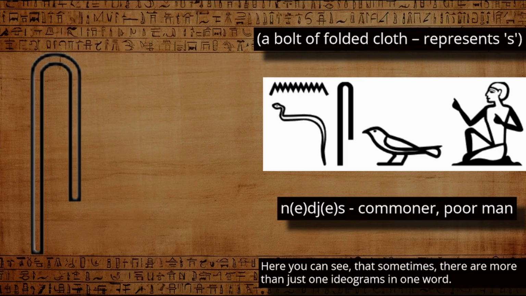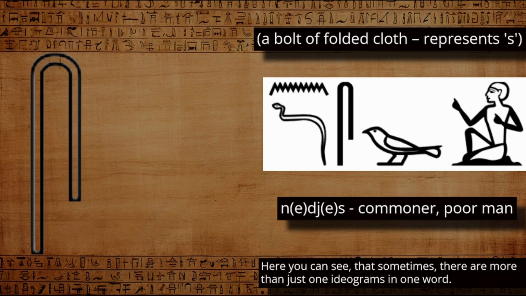You will see here that sometimes a word can include more than one ideogram. Take neges, which means commoner or poor man. It's illustrated with a kneeling man and a simple bird, perhaps hinting at the notion of an ordinary person.